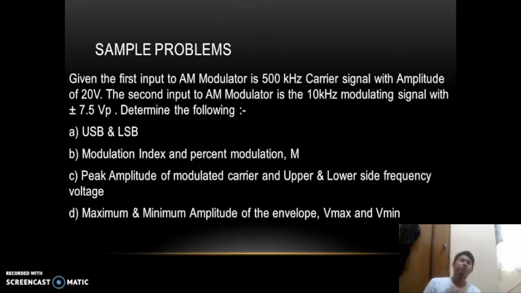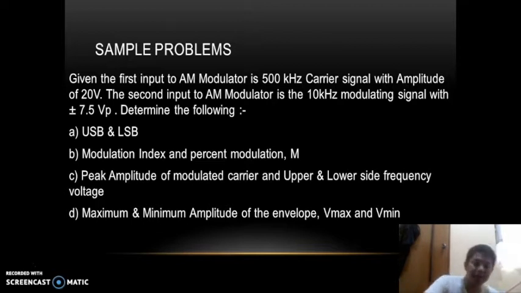Another question: we are given that the input of an AM modulator is a 500 kHz carrier signal with an amplitude of 20 volts. The second input to the AM modulator is a 10 kHz modulating signal with plus and minus 7.5 volts peak.